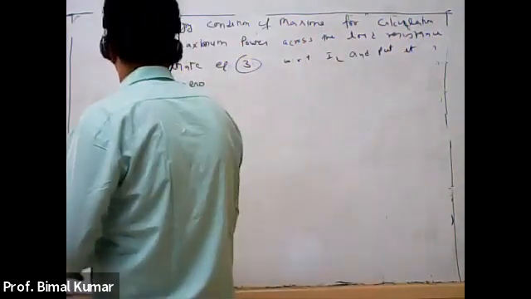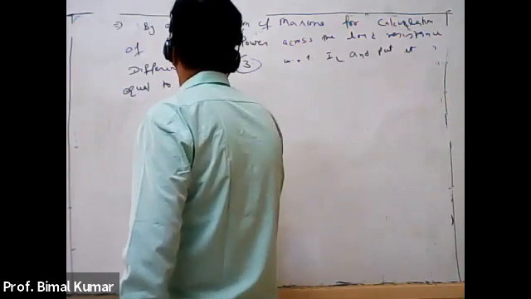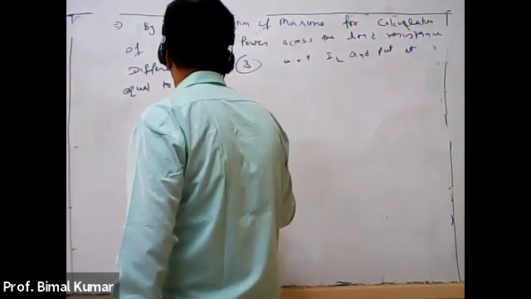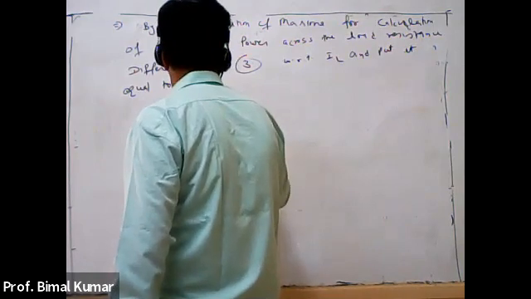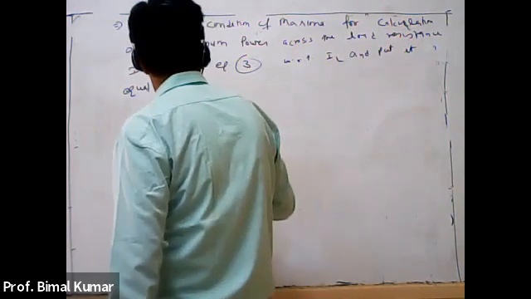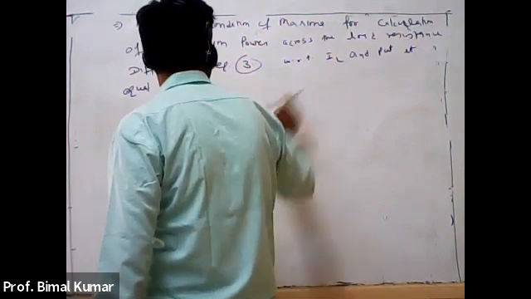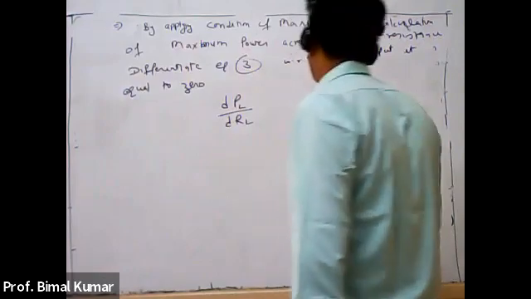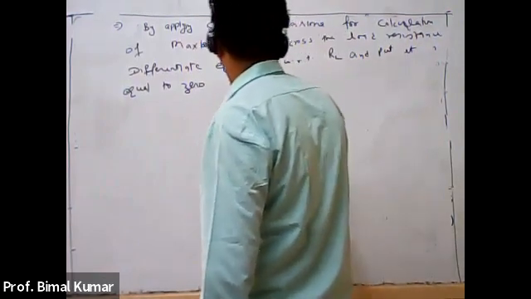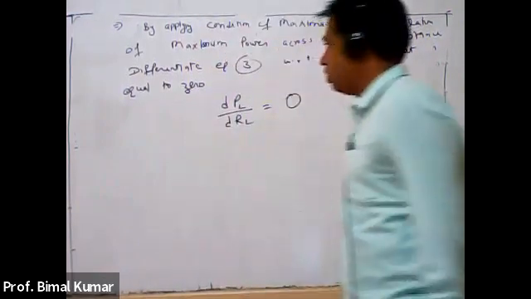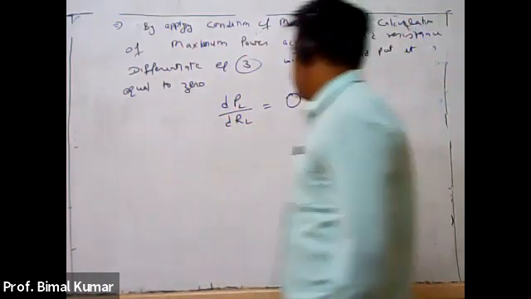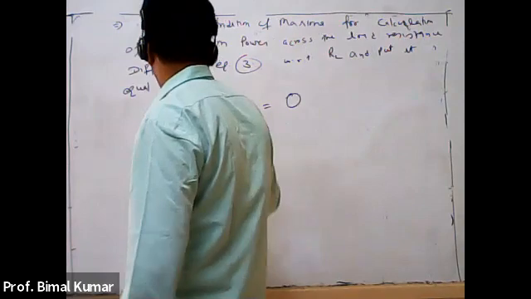That means dPL upon dRL. With respect to RL, we will have to differentiate it. dPL upon dRL is equal to 0, right? So here substitute the value of PL.